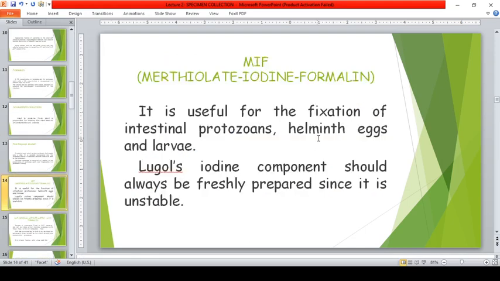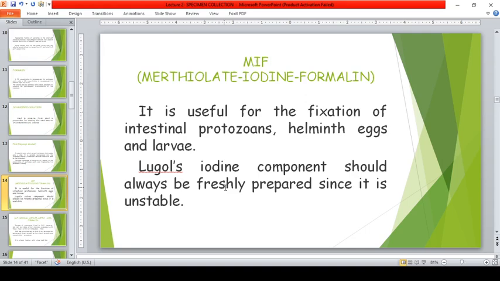So the MIF, the merthiolate iodine formalin, it is useful for the fixation of intestinal protozoan, helminth eggs, and larvae. So the Lugol's iodine component should always be freshly prepared since it is unstable. Okay?